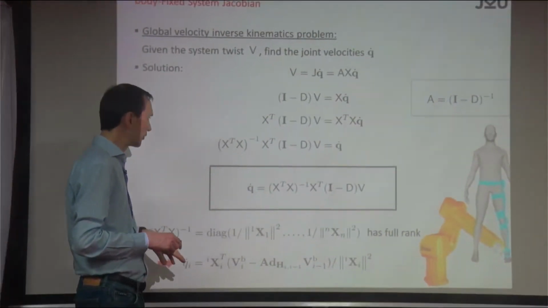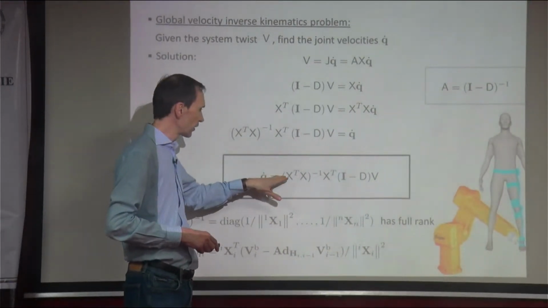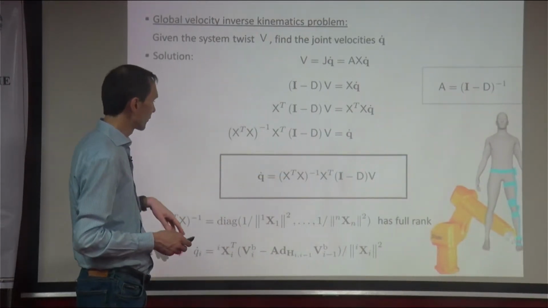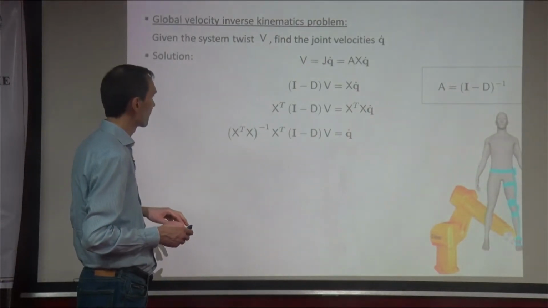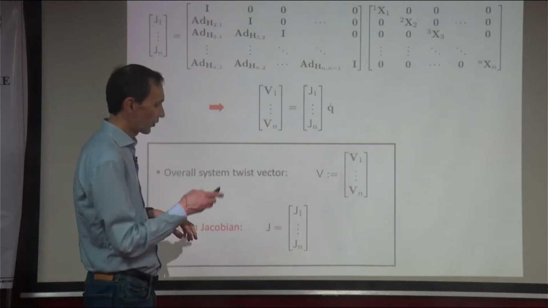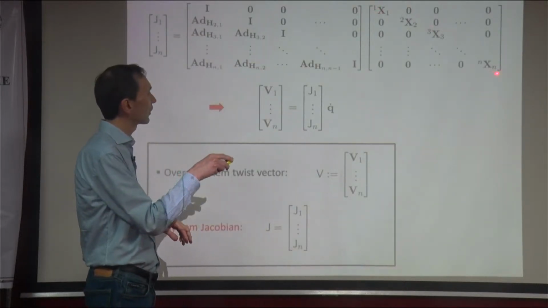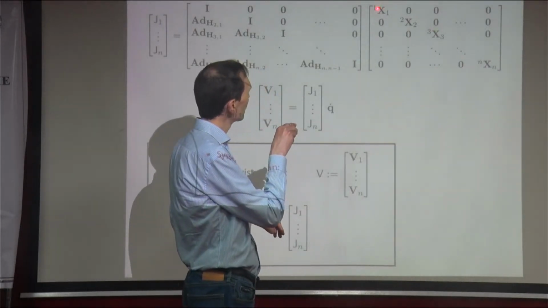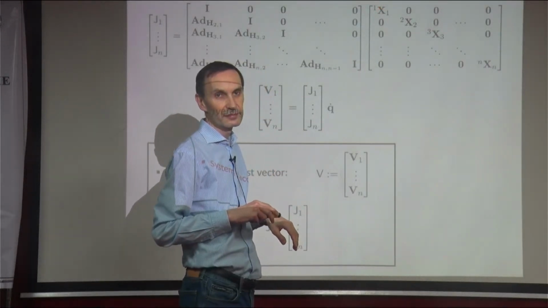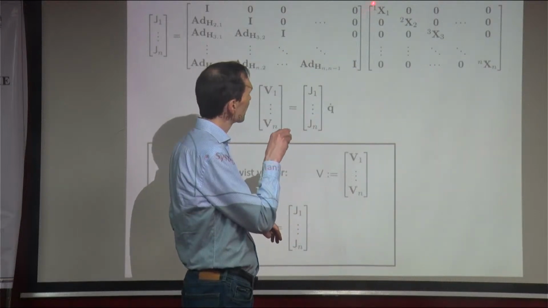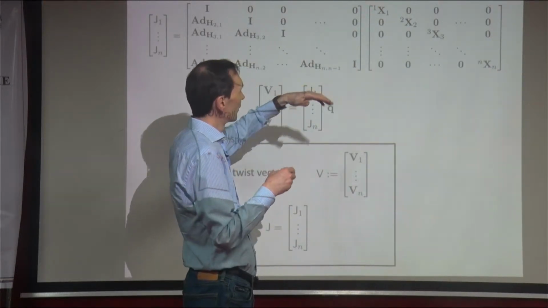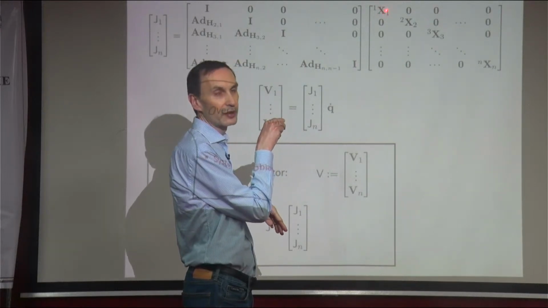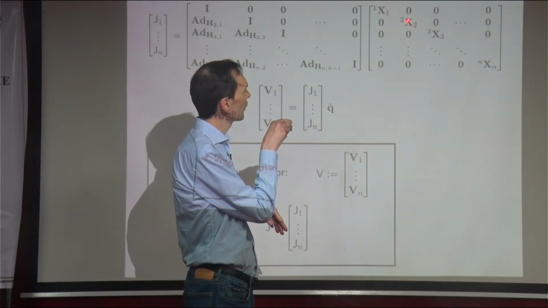And if you look at the structure of X, remember that X had a certain structure, because our X was exactly this. Now, what happens if you take X transpose X? Essentially you get a diagonal matrix where you have X1 transpose X1, then X2 transpose X2, and so on.